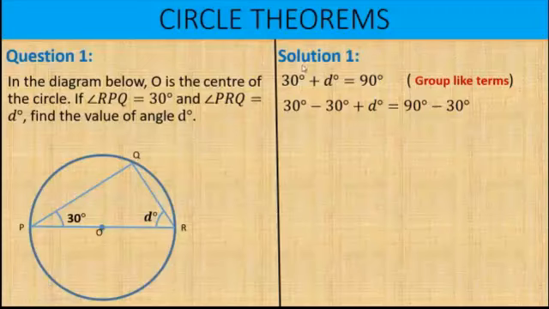And the additive inverse of 30 degrees is negative 30 degrees. That's why we subtract 30 degrees from both sides of the equation. This makes this side 30 degrees minus 30 degrees to be 0, and D degrees would be left when we simplify, so that we get D degrees is equal to 90 degrees minus 30 degrees.